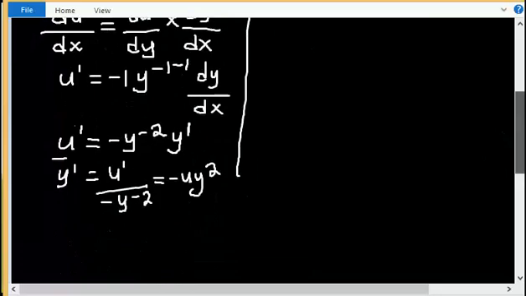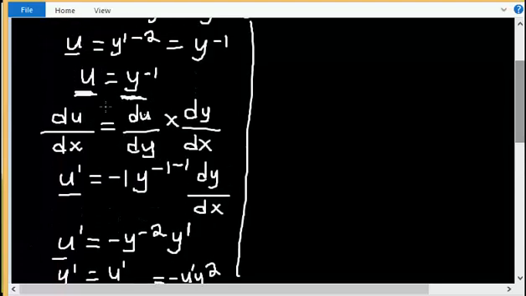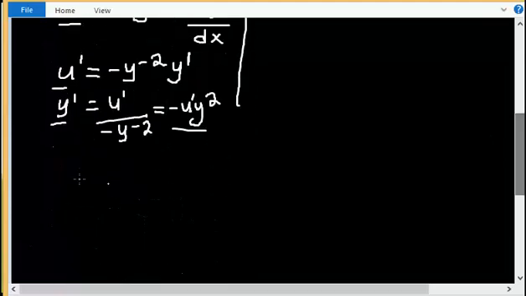So now substituting, what that simply means is that in that expression, any place I see y prime, I'm going to use minus u prime, please pardon me, multiplied by y square. And of course, any place I see y, remember from my introduction of the variable, u is equal to y raised to the power minus 1.